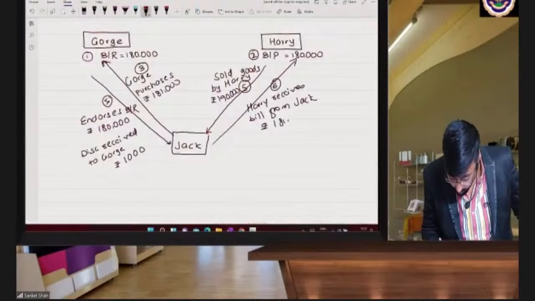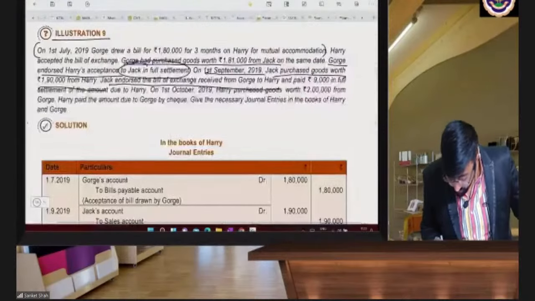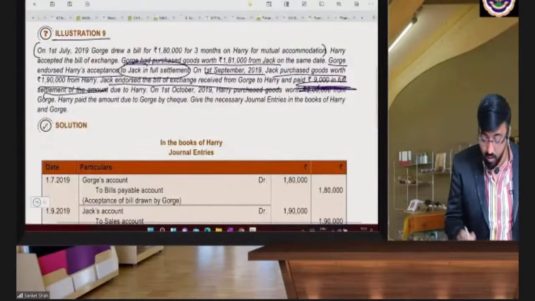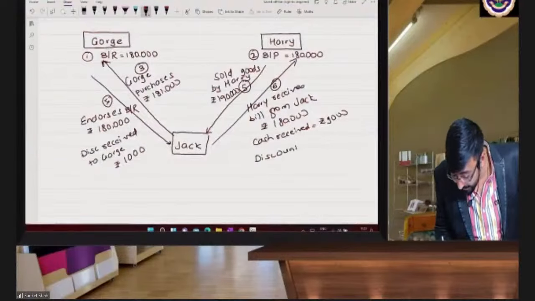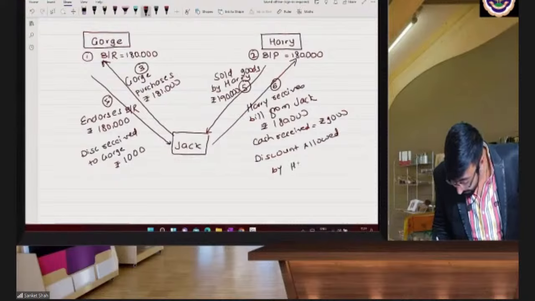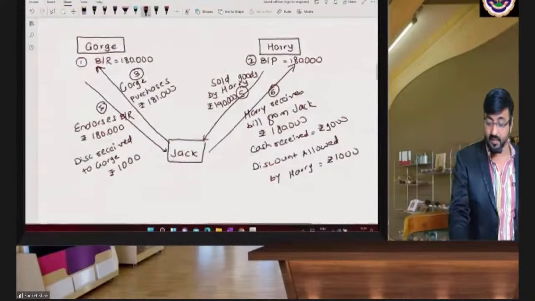So this bill is of rupees 1,80,000. Cash received rupees 9,000. He also receives cash of rupees 9,000 in full settlement, and discount allowed by Harry rupees 1,000. So this is number 6.